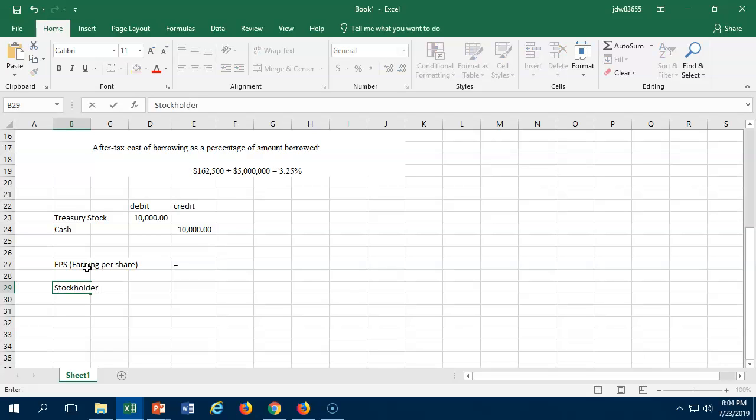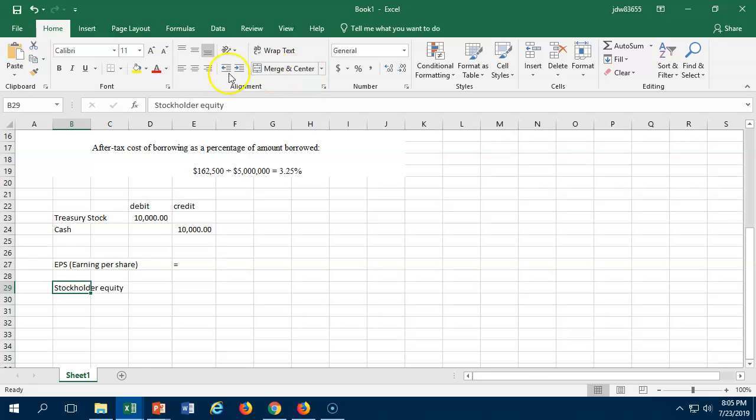That's where that would be reported. Stockholders' equity is one part of the formula. What do you think the other is? Earnings per share is a ratio. So your total earnings. Outstanding shares. Yep.